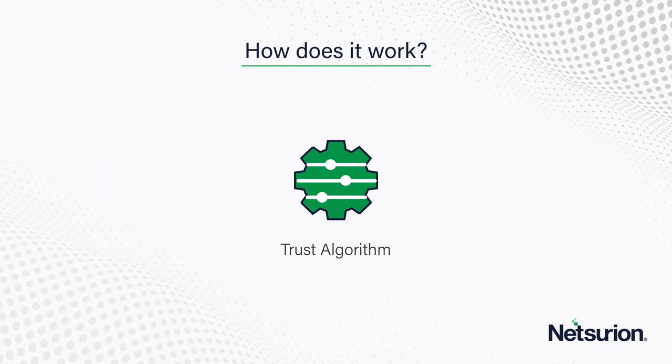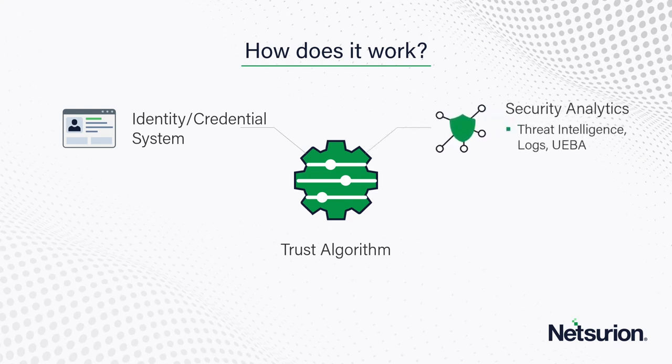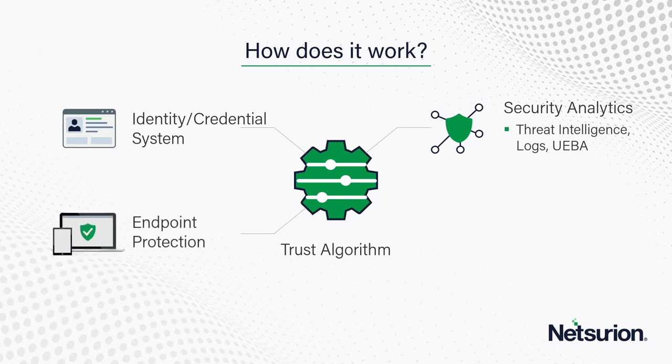In addition to the algorithm, you need an identity credential system where you have identified who's who in the zoo and what they can do. You need security analytics. This means you're collecting logs, you're looking at user and entity behavior analytics, and you're considering threat intel. Of course, you have endpoints, and so endpoint protection. And then, as I mentioned, all traffic inside is in fact encrypted.